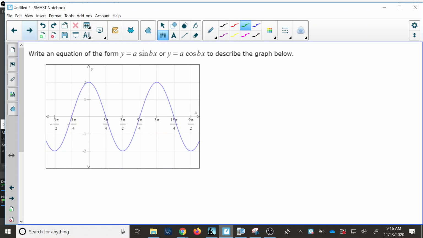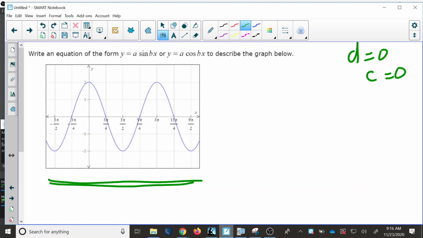We're trying to write a trigonometric equation, either sine or cosine, for this graph. Remember, d and c are 0 here. No vertical shift, no horizontal shift, which means the midline is 0. So this is the midline. All you need to do is first determine if it's a cosine function or a sine function.